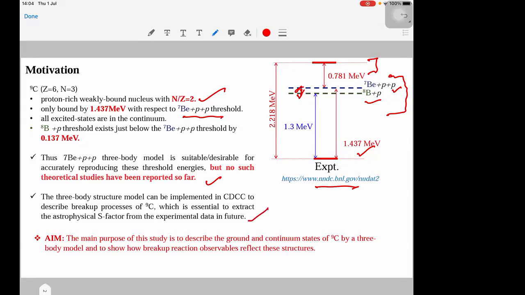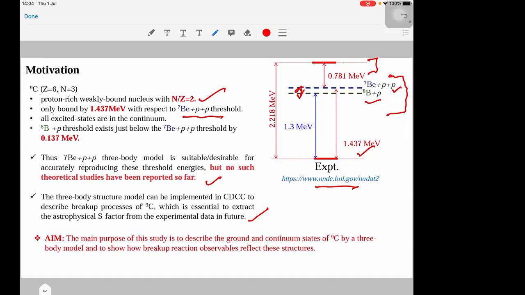So the main purpose of this study is to describe the ground and continuum states of 9-carbon by a 3-body model and to show how breakup reaction observables reflect these structures.